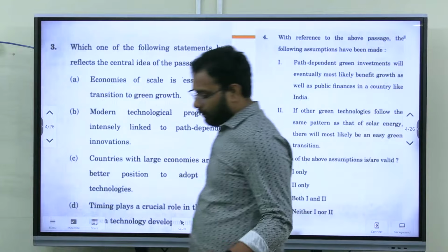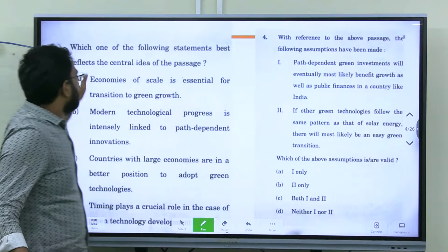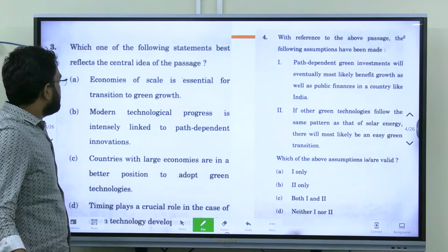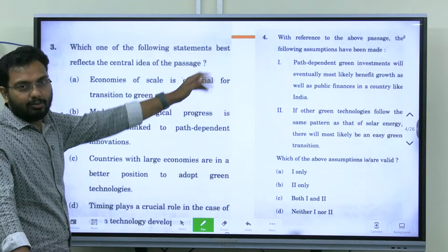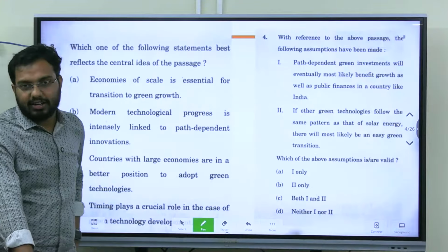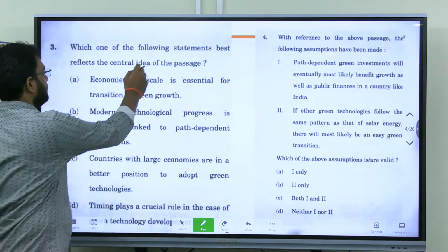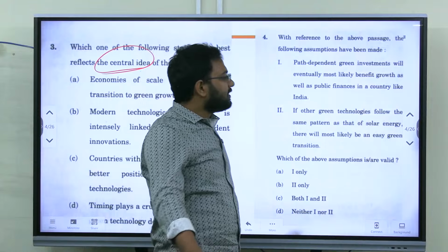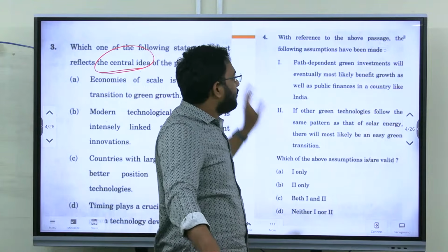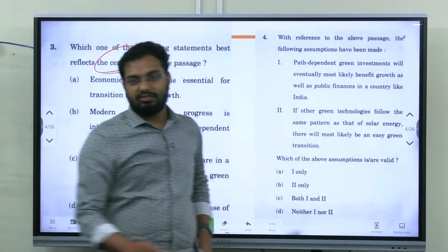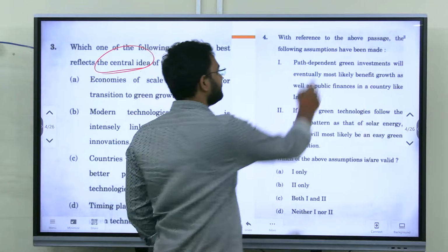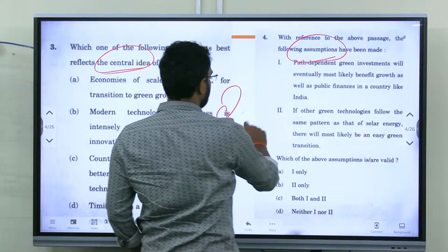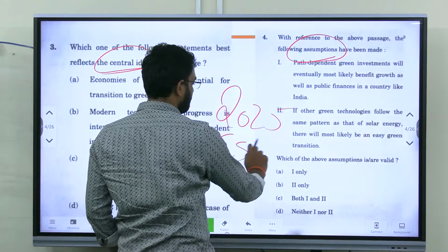Now in this question, what is he asking? Which of the following statements best reflects the central idea of the passage? So the keyword in this question is central idea. Okay na? See this: with reference to the above passage, the following assumptions have been made. What is the keyword? Assumption. All these are from the 2025 CSAT paper.